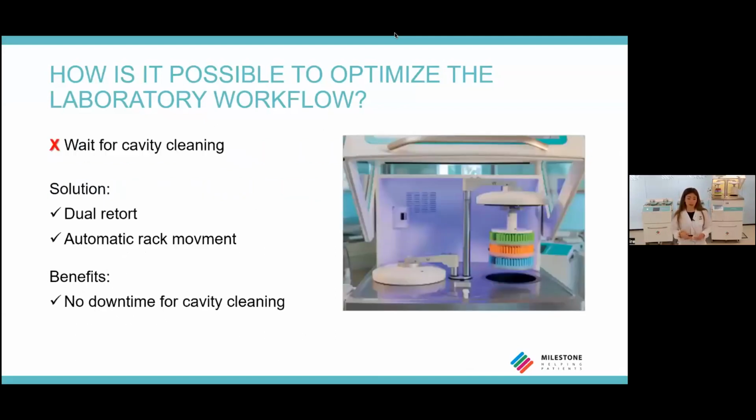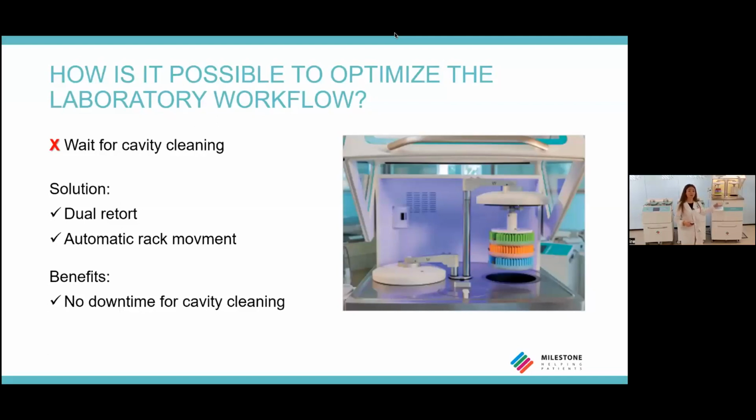Starting from the first one, cavity cleaning. Cavity cleaning is for sure a time-consuming procedure. And again, having a double cavity in our processor is a solution because the movement of the wax is not necessary. We have one cavity dedicated to the reagents, alcoholic reagents, and another cavity for the wax.